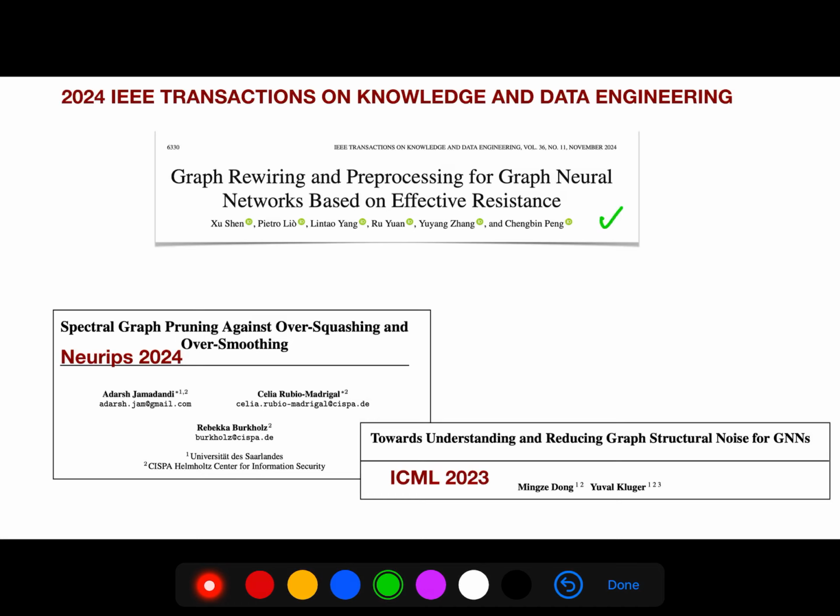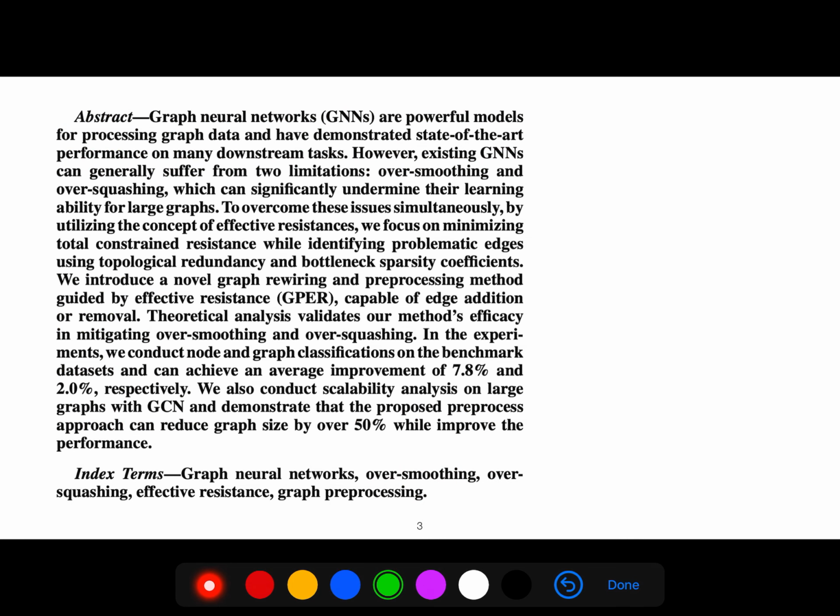This paper is from 2024. Graph neural networks are powerful. However, existing GNNs can generally suffer from two limitations: over-smoothing and over-squashing, and of course many more.